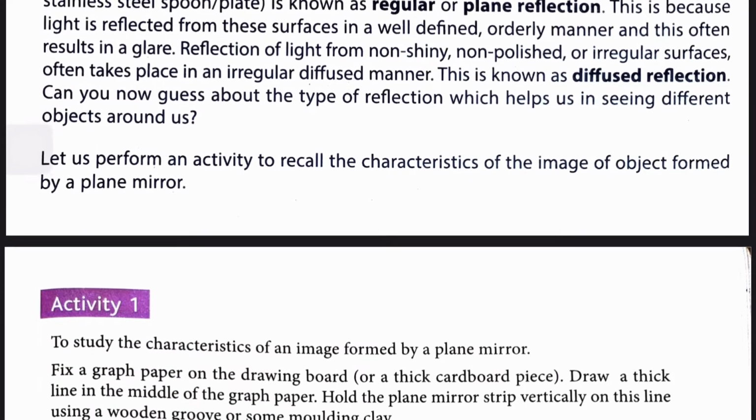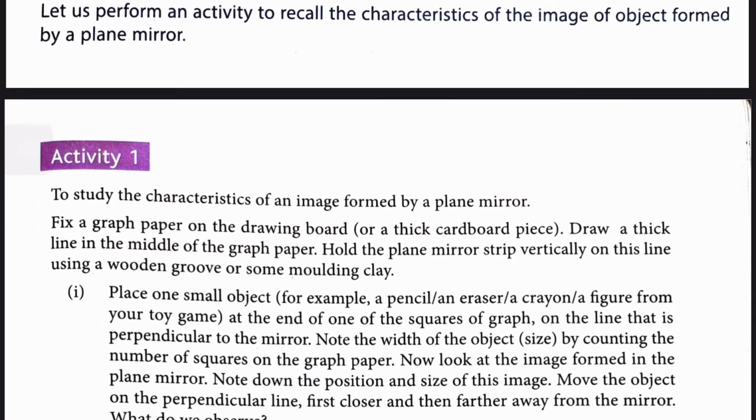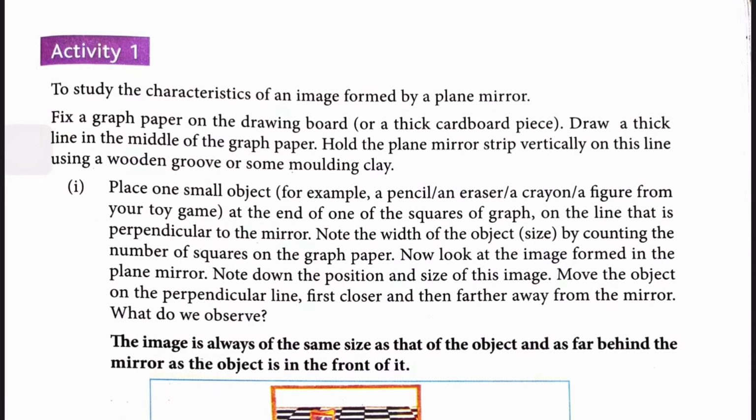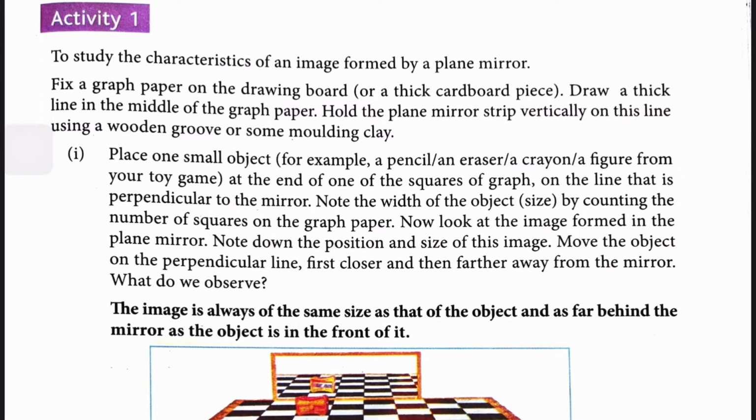Let us just perform an activity to recall the characteristics of the image of an object formed by a plane mirror. Just go through this activity to study the characteristics of an image formed by a plane mirror.